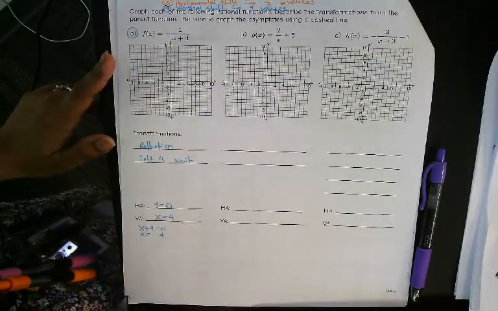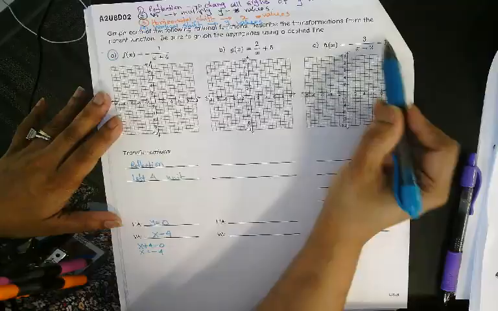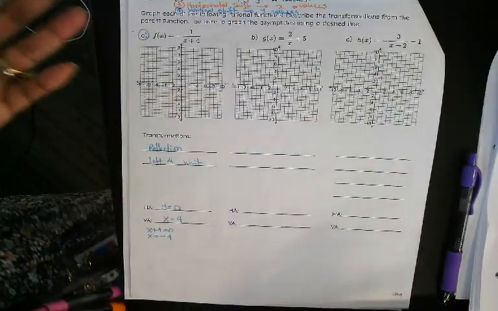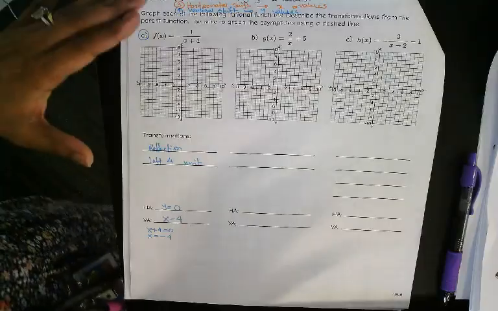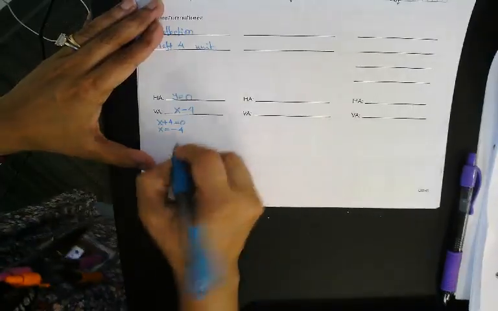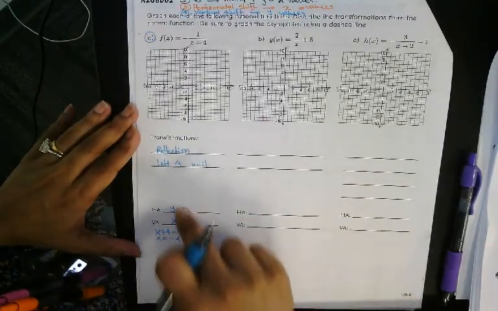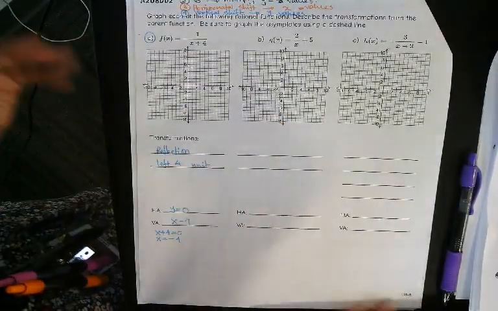Alright, now we're going to make the table. As I always say, I always make the tables. Look at this one. I have 4 different transformations. Without making the table, it's an impossible job for me. If you can keep track of everything, all 4 of them, be my guest. I have no problem. There is no right or wrong. So let's draw the vertical and horizontal asymptote first. It will make it easier to look at.